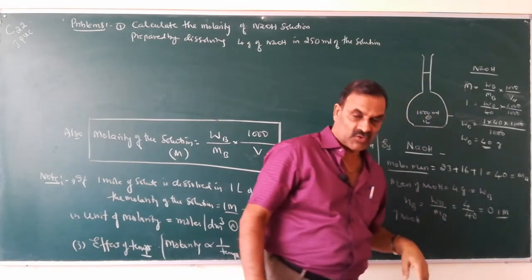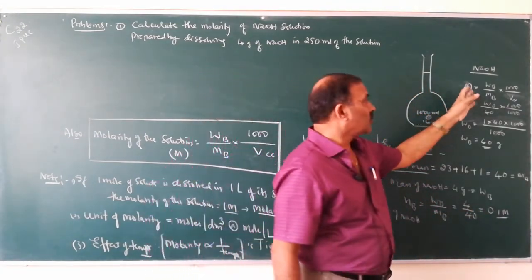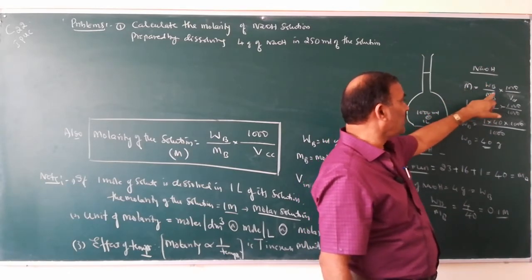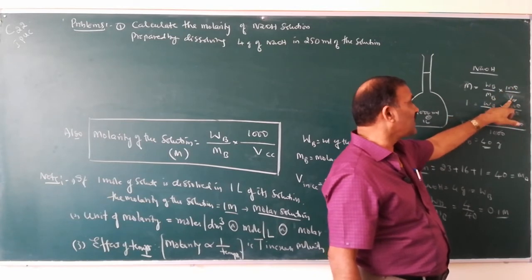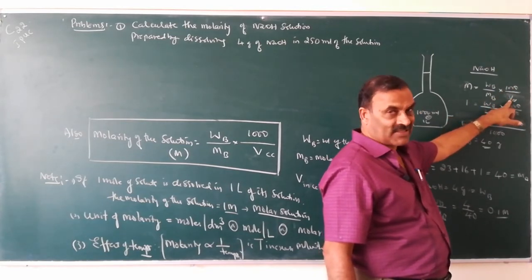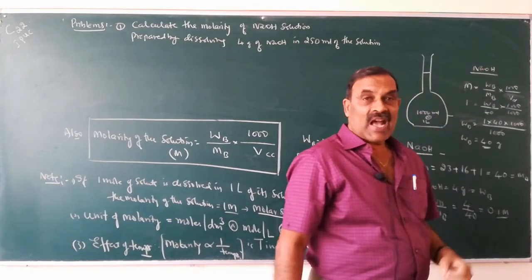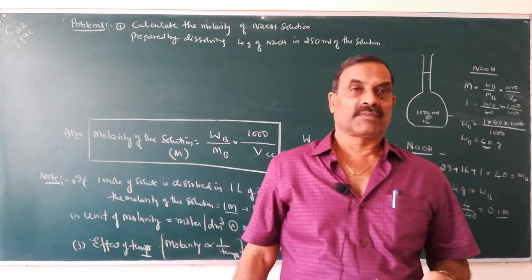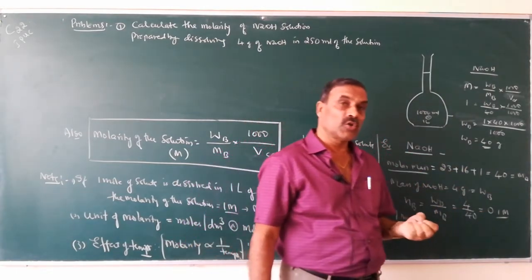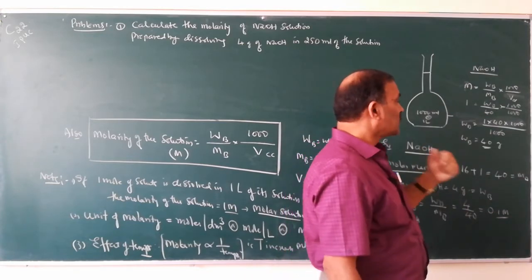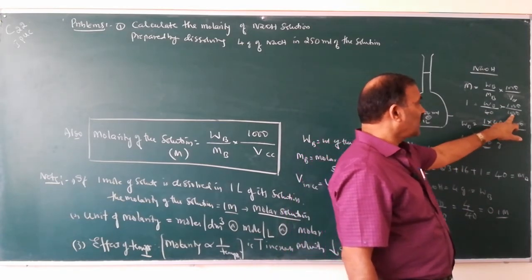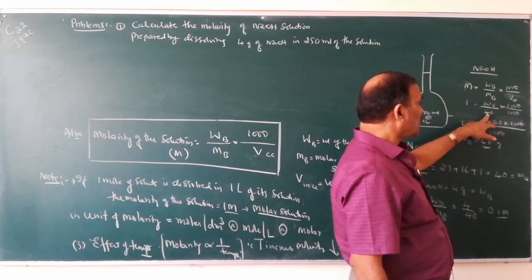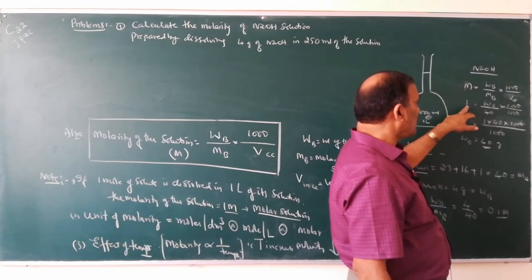To calculate the molarity of the solution, this is the formula: M is equal to WB over MB into 1000 divided by V in cc, the volume of solution in cc. If I am asked to prepare 1 molar sodium hydroxide solution of 1000 cc, the volume of solution required is 1000 cc, the molar mass of sodium hydroxide is 40, and the molarity is 1.